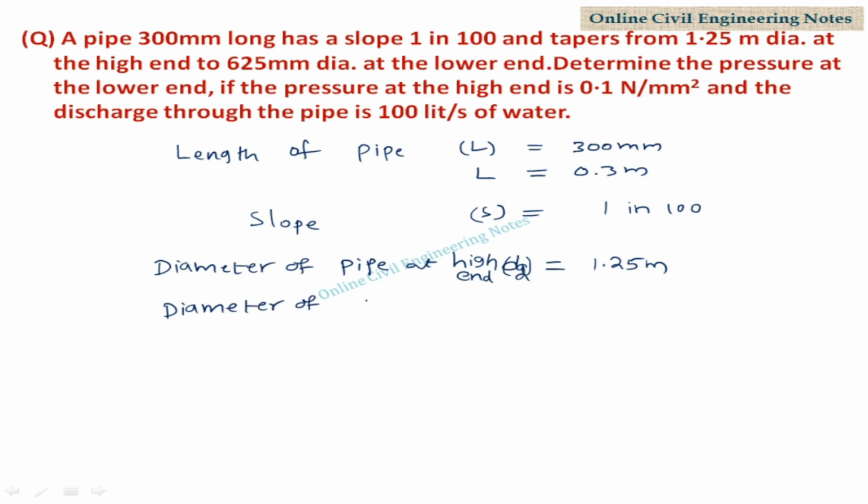Diameter of pipe at lower end, D1 is equal to 625 mm. D1 is equal to 0.625 meter.